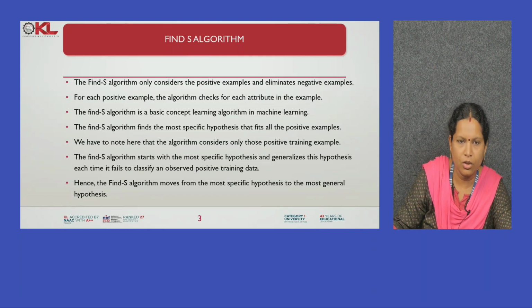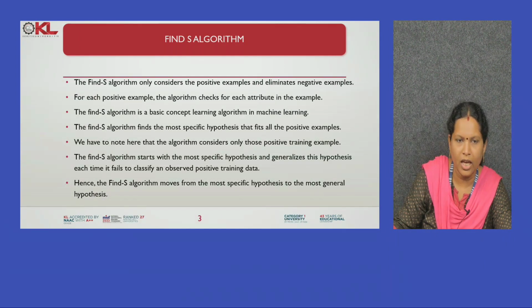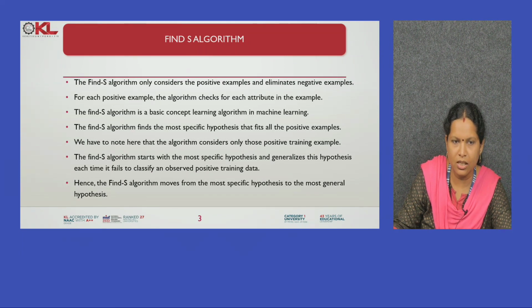Find S algorithm starts with the most specific hypothesis and generalizes it each time it fails to classify an observed positive training example. So Find S algorithm moves from the most specific hypothesis to the most general hypothesis, which means it always starts from the most specific hypothesis.